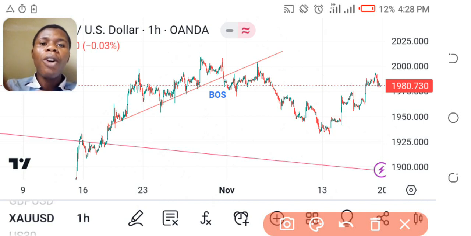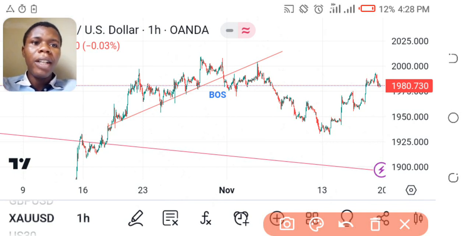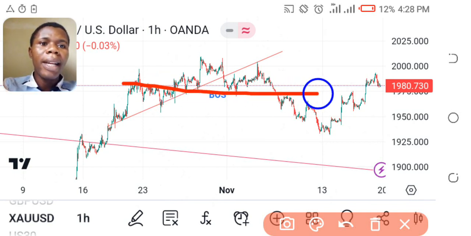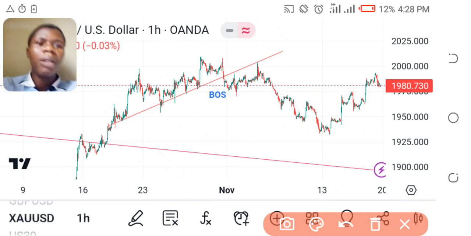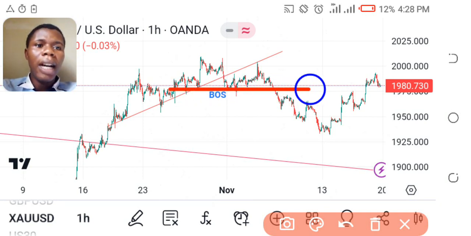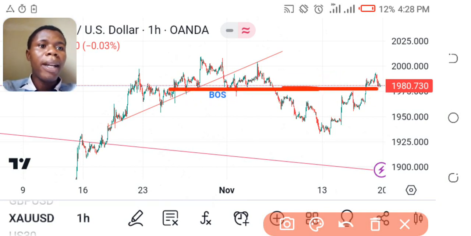Now for the sake of this actual chart I'm showing you, there is no breakout strategy. This is the way the breakout is supposed to be, but as you can see, the market came back.